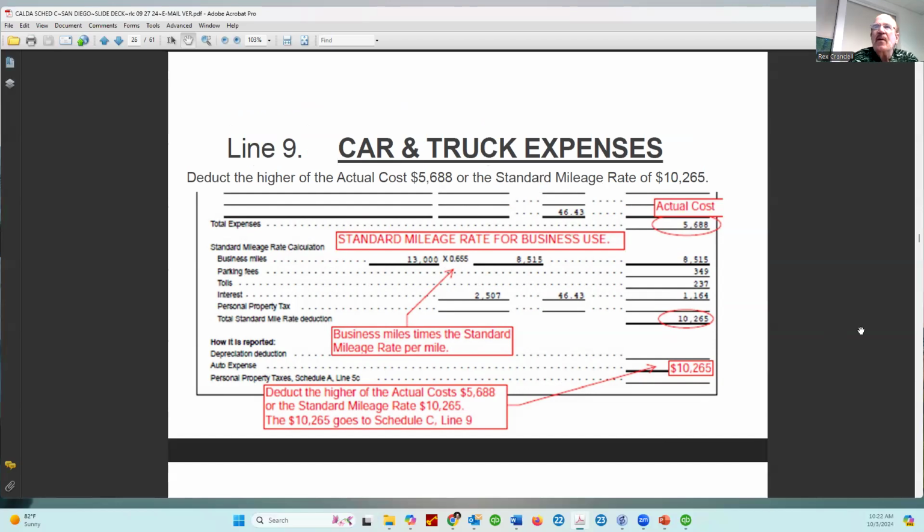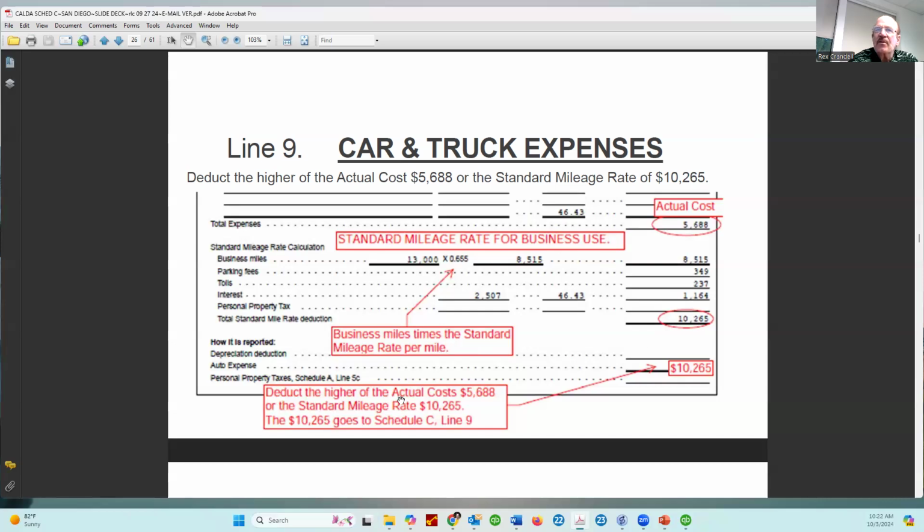So what we do on the per mile optional method is we list the business miles, 13,000, times the business use percentage that we developed at the top of the form, and we came up with 85.15 for the business expense. Then we add items such as parking and tolls at 100%, interest expense. We take the total amount of interest times the business use percent. And on this method, we came up with a deduction of 10,000.